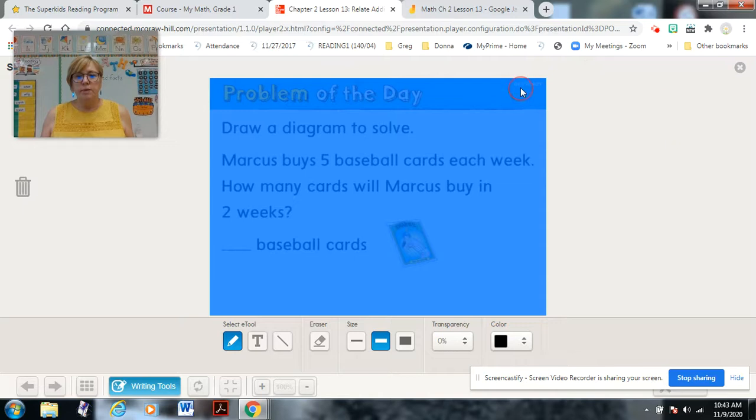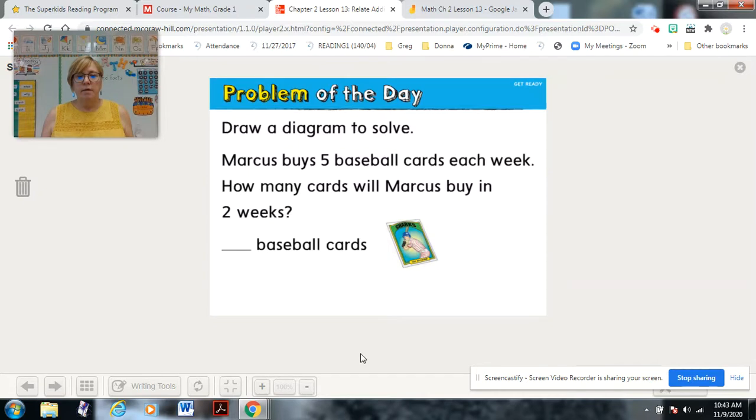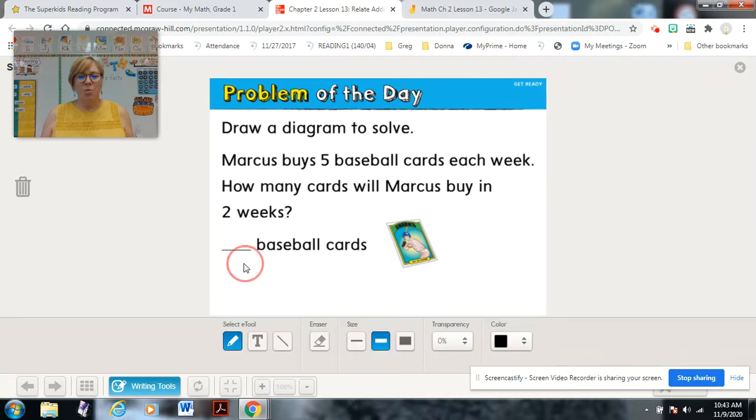Let's try this. Okay. So the first week he buys 5. 1, 2, 3, 4, 5.